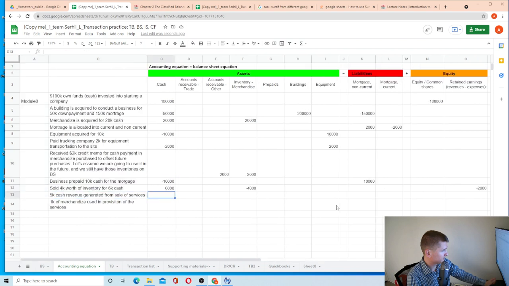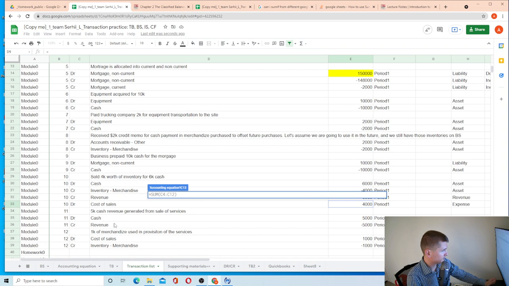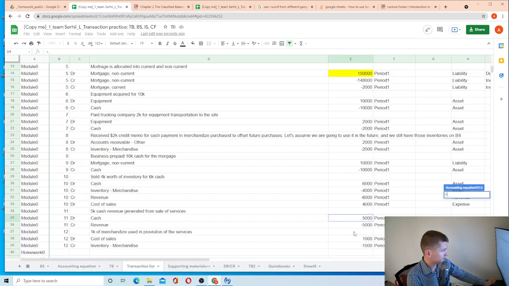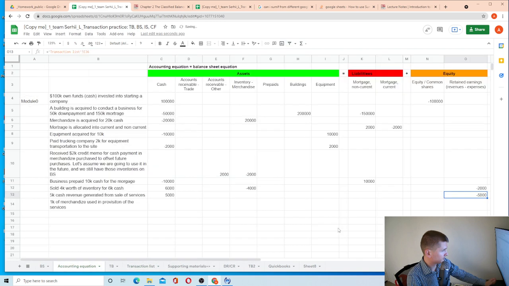Next one, $5,000 revenue from sale of services. Cash. Revenue goes directly into equity, for the sake of simplicity, we avoid making a separate profit and loss statement here and month-end close here.